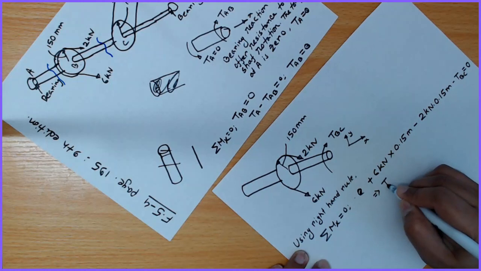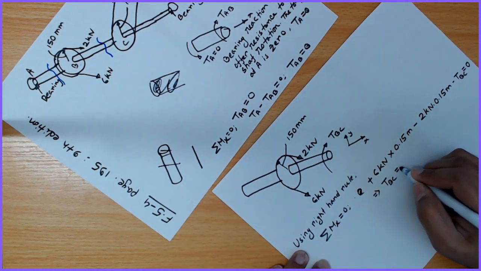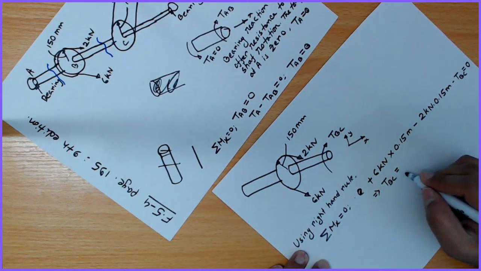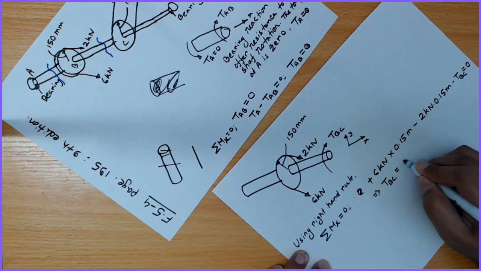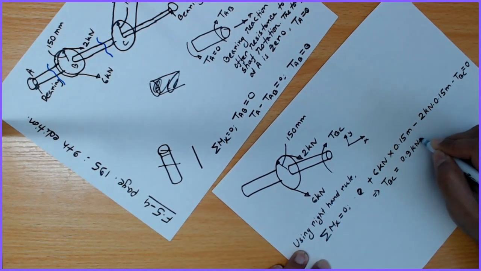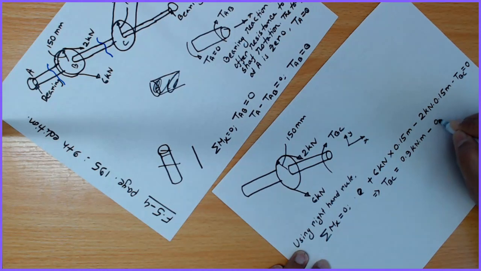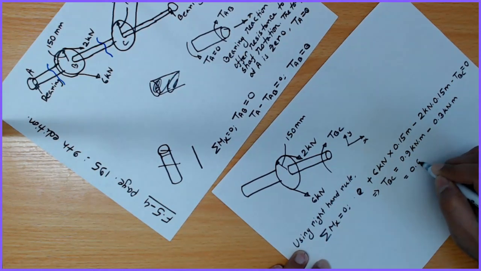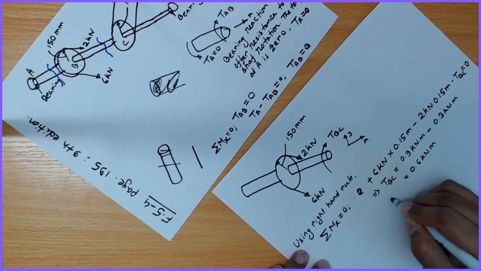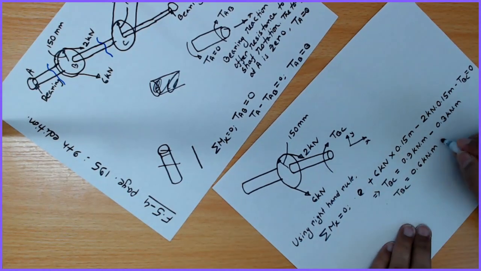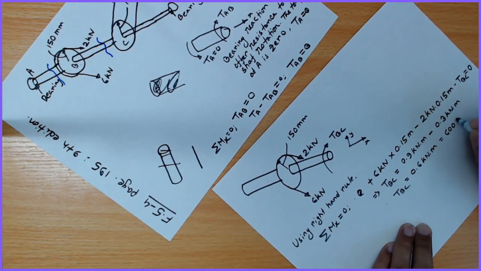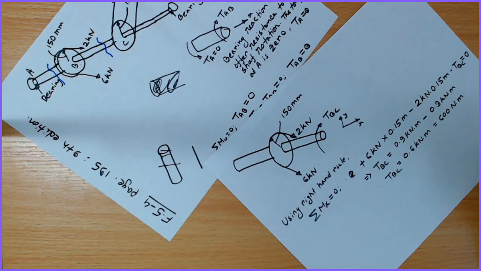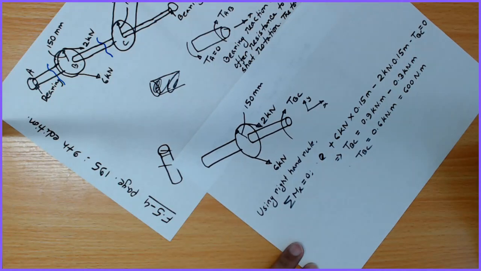If I rearrange this, TBC is 0.9 kilonewton meter minus 0.3 kilonewton meter, which is 0.6 kilonewton meter, that is 600 Newton meter. So we found the TBC.